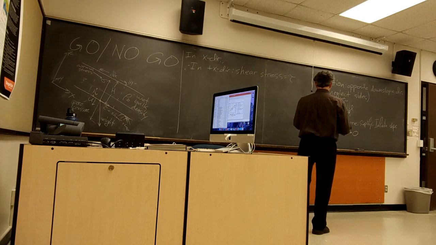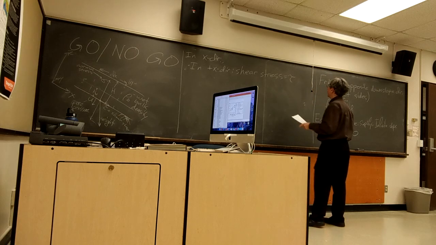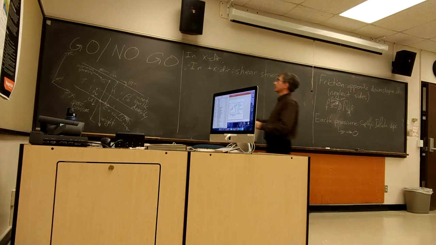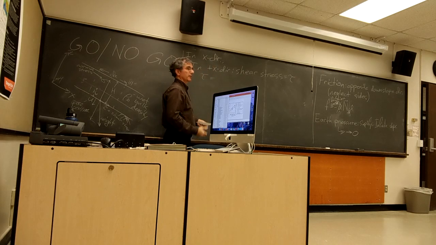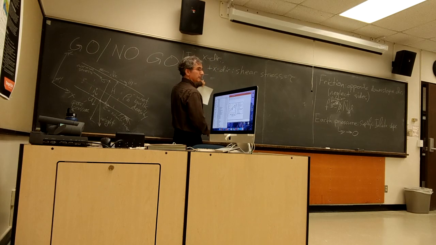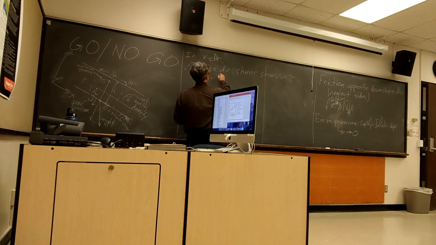And that's pretty simple, because that's just the weight component in the slope normal direction divided by the basal area. And the weight is mass, we go mass times gravity times sine theta divided by dx dy.